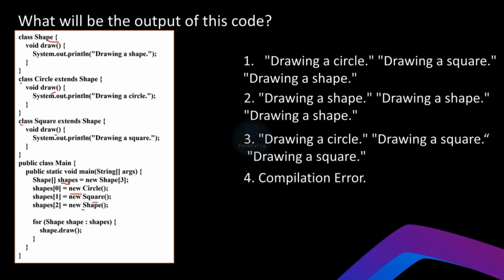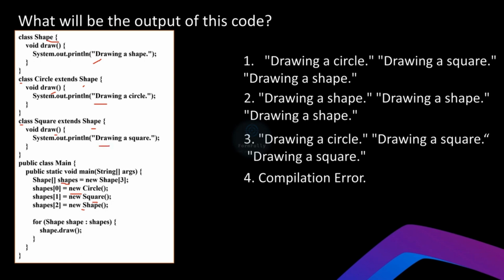Let's break down the code and explain it in detail. The Shape class defines a method called draw, which prints drawing a shape. The Circle class extends Shape and overrides the draw method to print drawing a circle. The Square class extends Shape and overrides the draw method to print drawing a square.